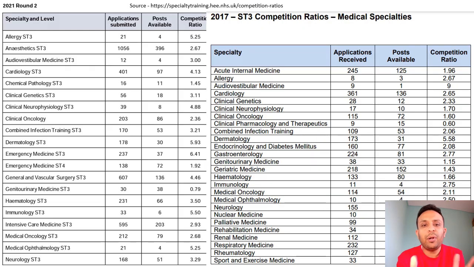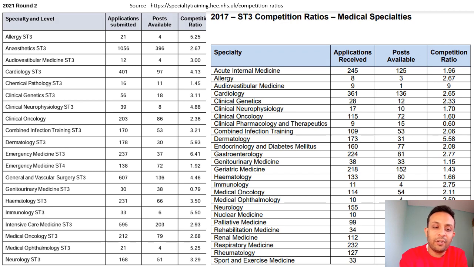The reason I've brought up these competition ratios is because if we think it's an easy job, it's not. It's really competitive. On the left you can see the competition ratios for last year round 2. If you see allergy, ST3, there were just 4 posts for 21 applicants, competition ratio 5.25. If you're very enthusiastic about dermatology, the competition ratio is 5.9, intensive care medicine 2.9.